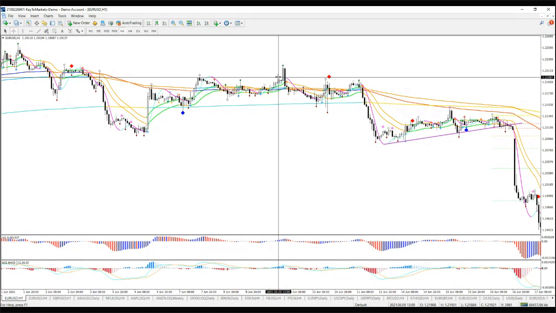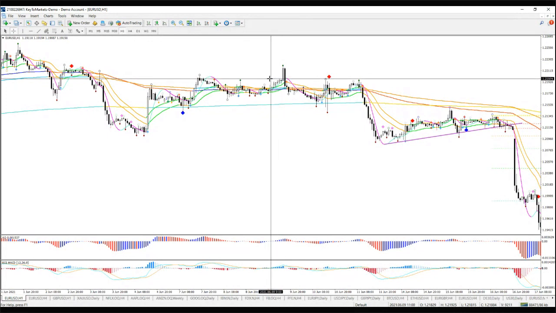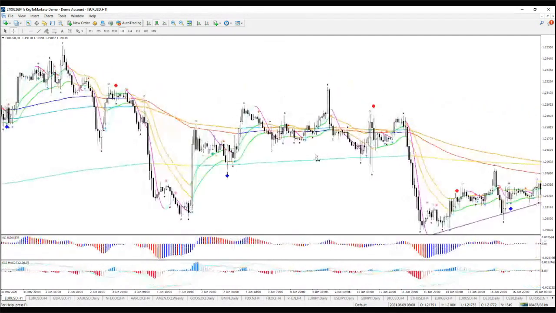There could be differences depending on the trader, and EAs can have a different view or trade in a different way. That is something to be aware of. Those things can happen.